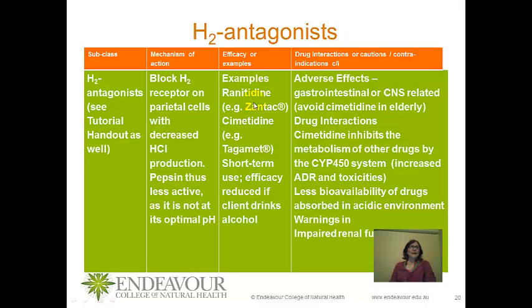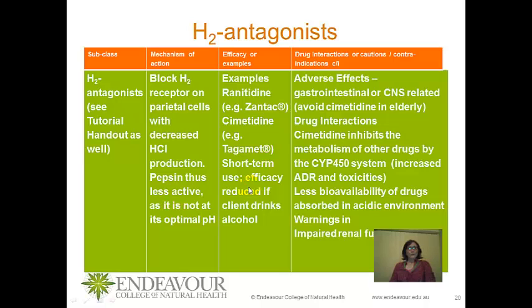Some examples of H2 antagonists, you can see that they have a common ending to their name. They all end in tidine. So we have ranitidine, Zantac, and cimetidine, Tagamet, two common examples of H2 antagonists that you will find your clients on.